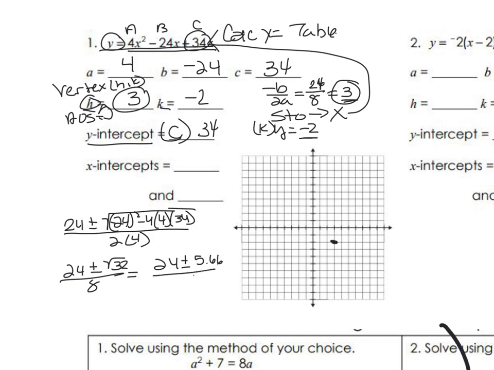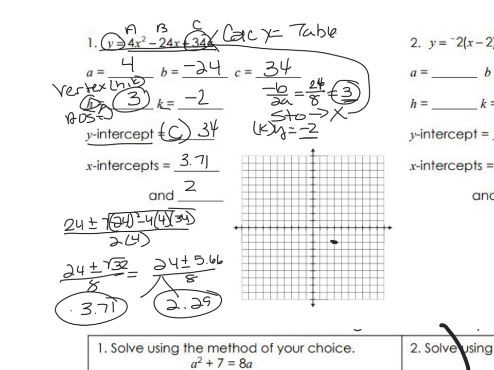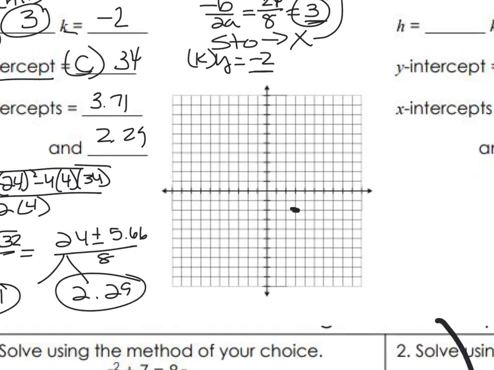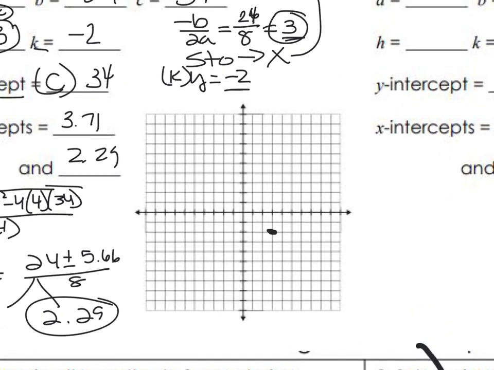5.66 over 8. So if we break that down, your solutions are 3.71 and 2.29. Okay, so when you're graphing that, 3.71 is going to be close to 4, and 2.29 is going to be closer to 2.